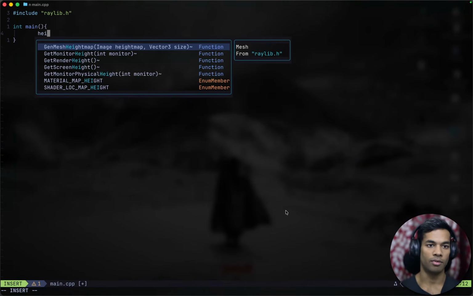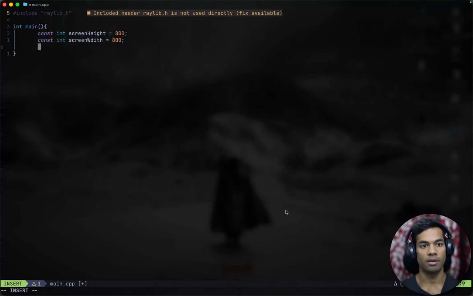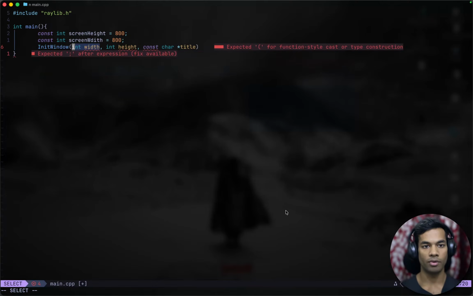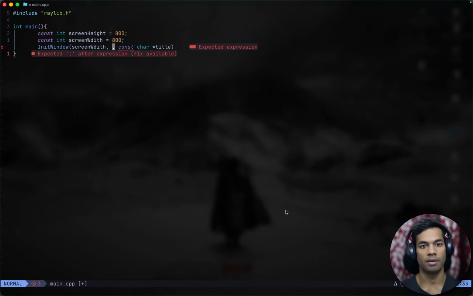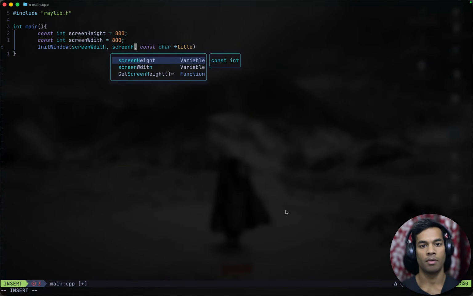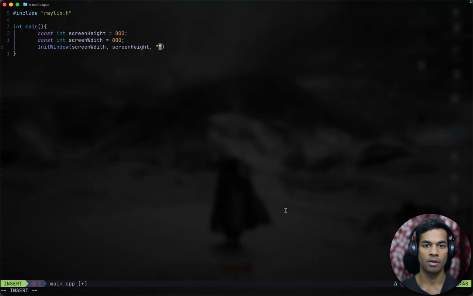Int main, and we give a const int height, let's say 800, and const int width is also 800, and then InitWindow with width first, and then the height, and then the title, which will be Digital Differential Analyzer.